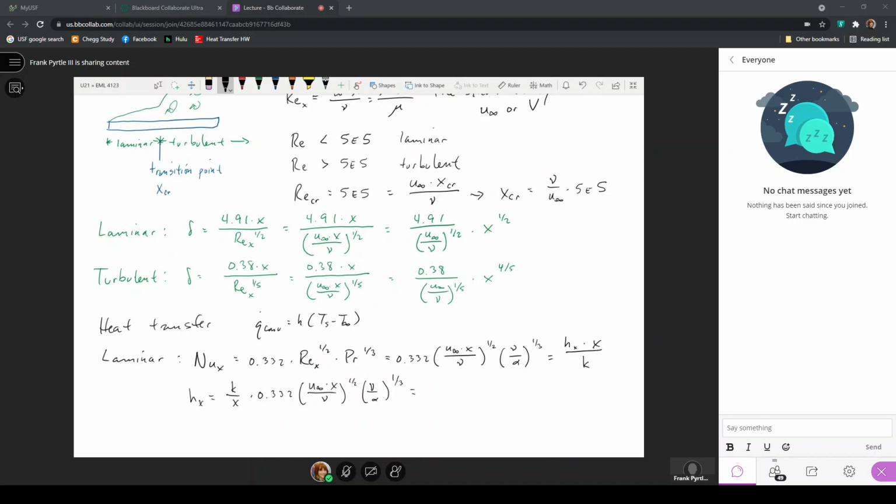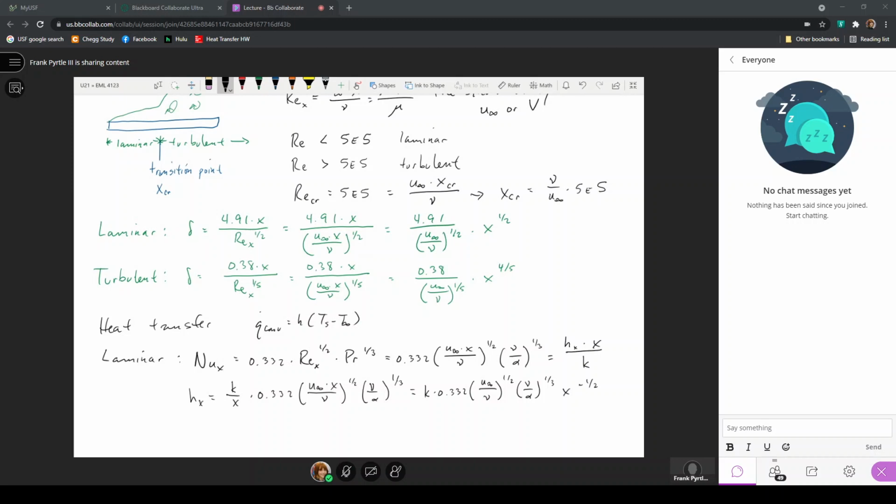So this expression can actually be written as k times 0.332 times U infinity over nu, to the 1/2, times nu over alpha to the 1/3, times x to the -1/2, because here again we have x to the 1/2 and an x to the -1. So this expression says that the local heat transfer coefficient, h subscript x, is equal to all these constants times x to the -1/2.